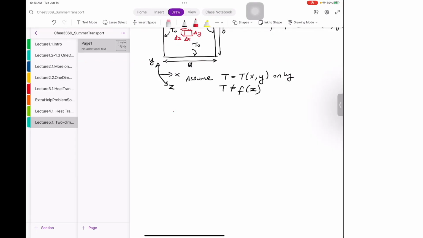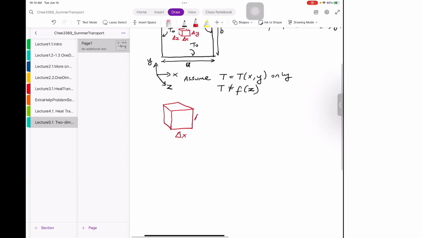My shell looks like this: delta x, delta y, delta z. Imagine that the heat flux is entering like this and exiting like this.